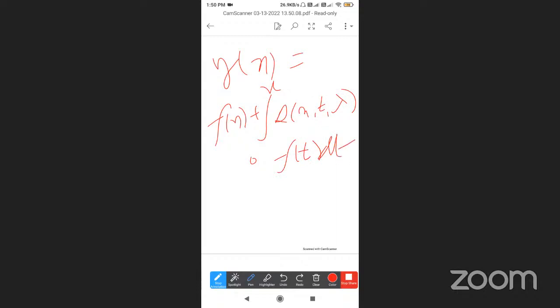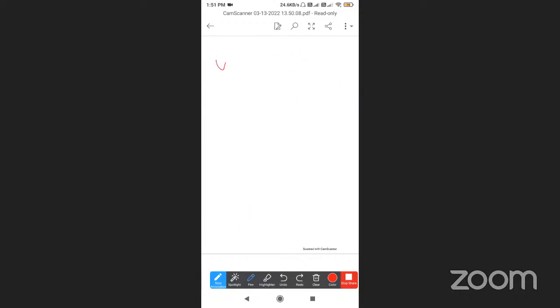This is the formula. Here f of x is e power of x square. We can substitute clearly: y of x is equal to e power of x square plus the integral from 0 to x of the resolvent kernel.